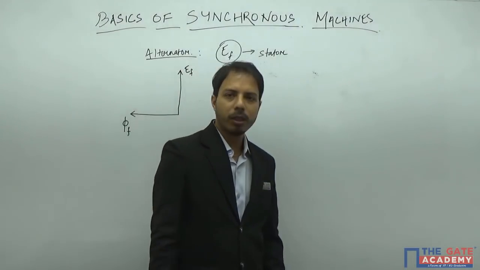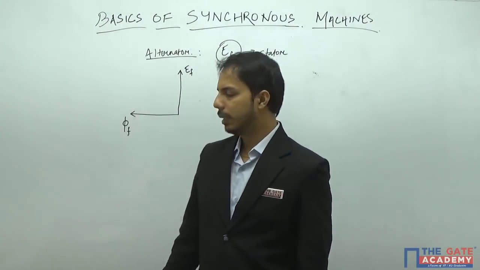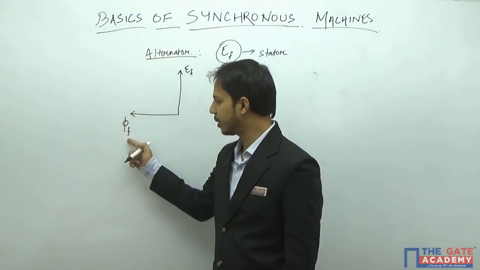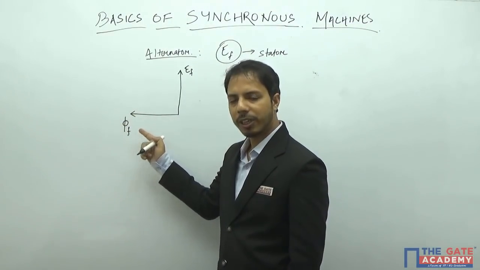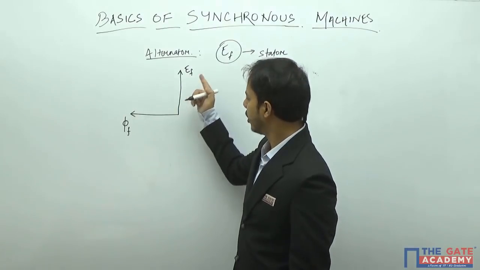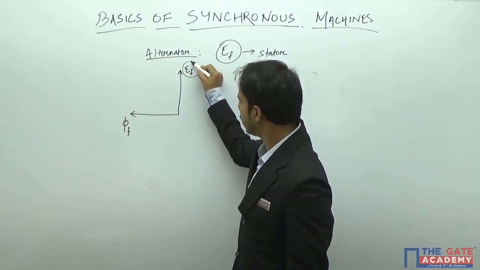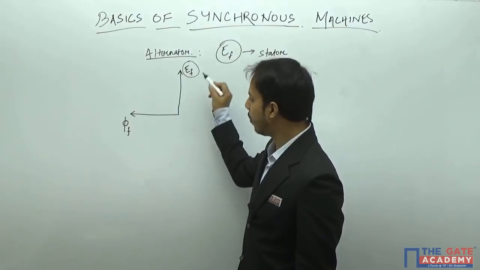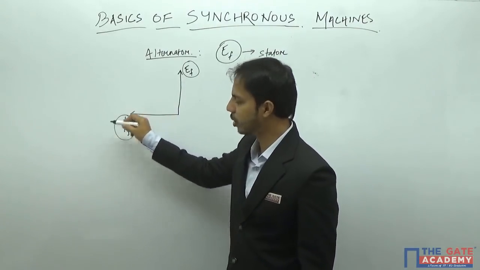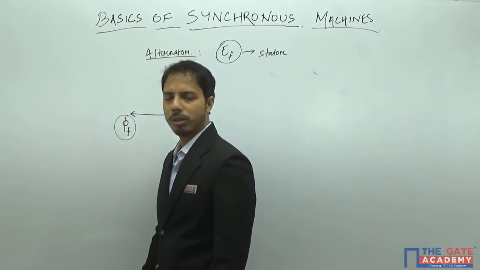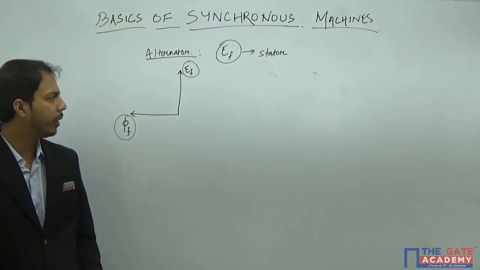Now the waveform of this flux is very important, and the waveform of this induced EMF depends on the waveform of this flux. Why? Because simply d phi by dt is happening.